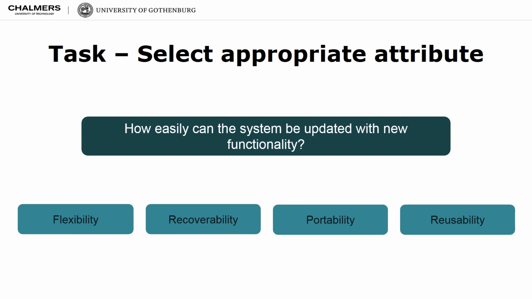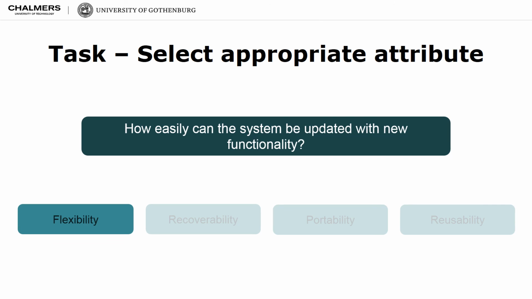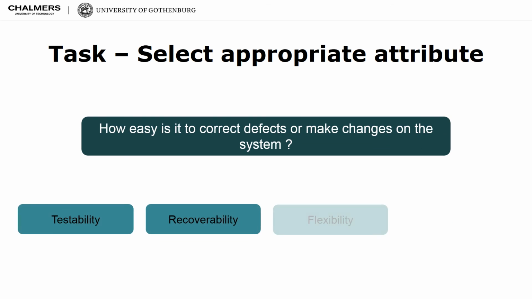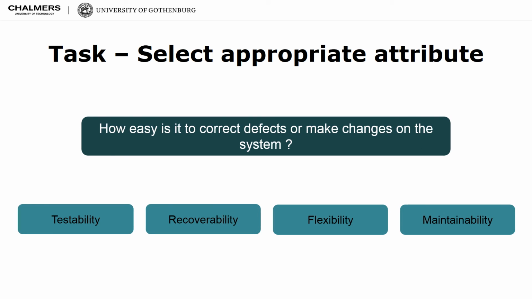Which quality attribute is the architect concerned with? If we are discussing about how easy it is to fix defects in a system or to make changes, which concern are we dealing with?